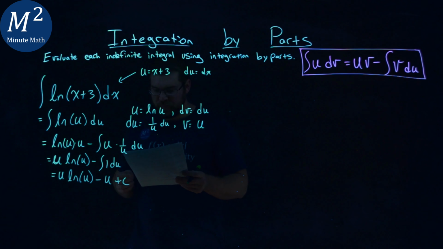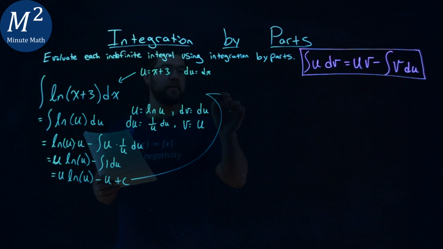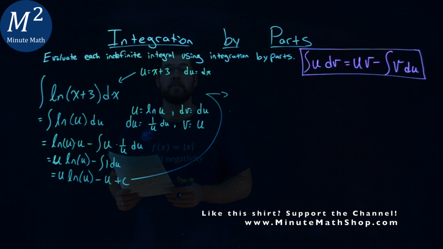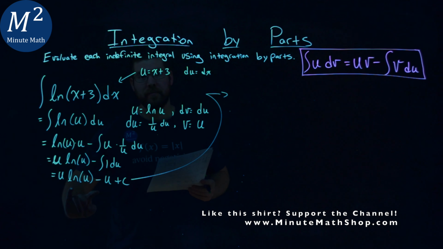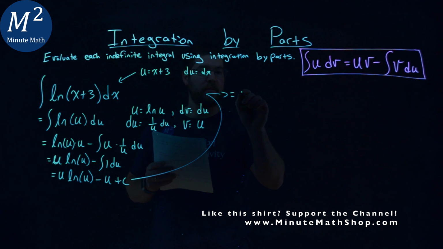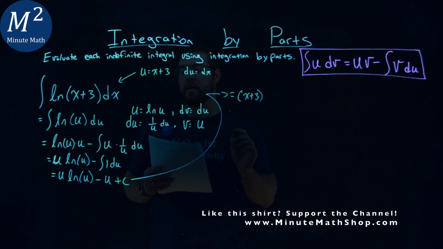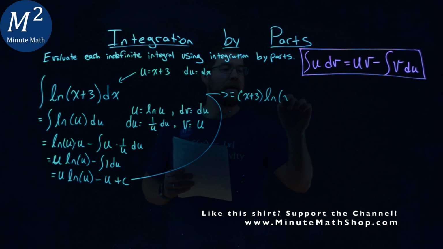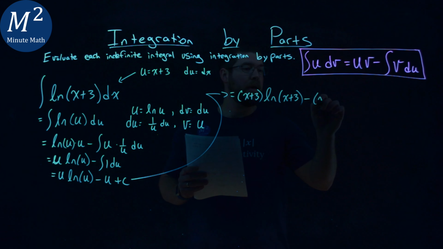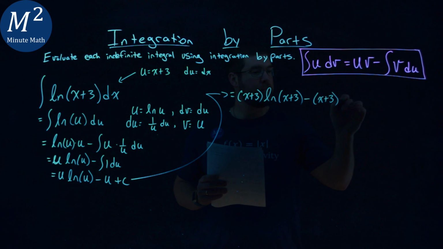Okay? So now at this point, we have the integral done. We're going to bring back our x plus 3 in for this u. So instead of u, I have x plus 3. So I have x plus 3 here, times the natural log of x plus 3, right? That second u, minus x plus 3 plus c.